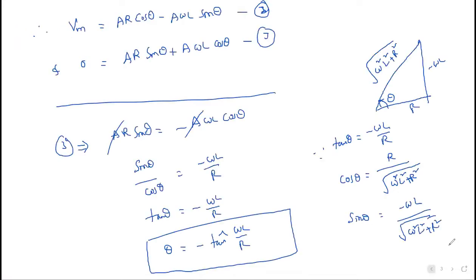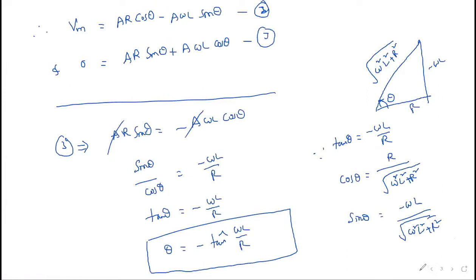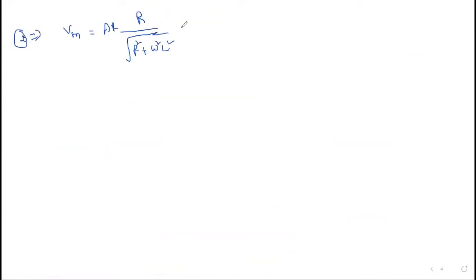Therefore, Vm is equal to, what is that? AR cos theta. So AR into, what is the cos theta value? R by root of, okay, I'll write R square plus omega square L square, then minus A omega L sin theta, that is minus omega L by root of R square plus omega square L square.